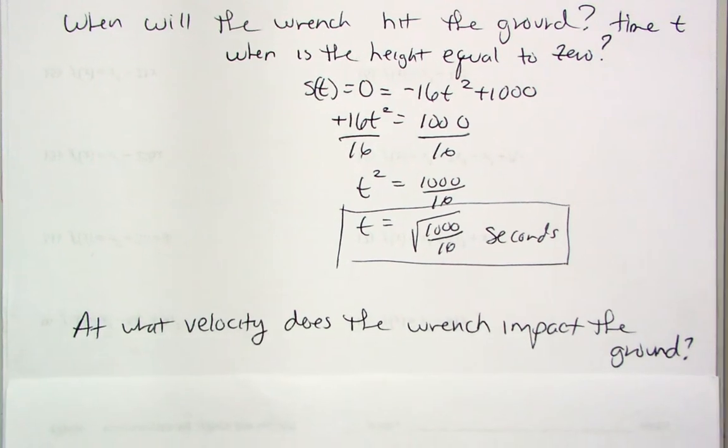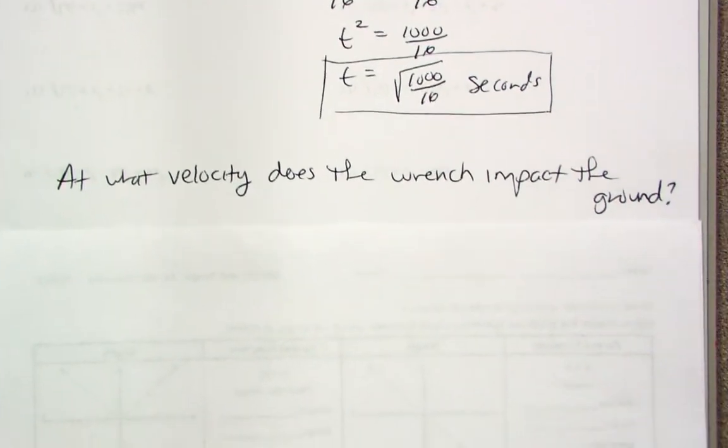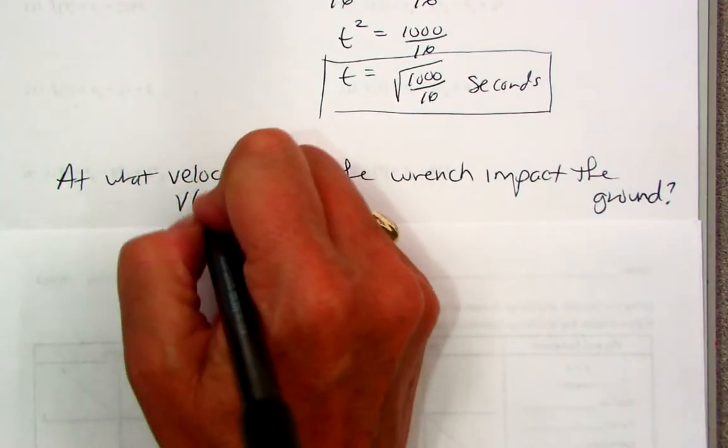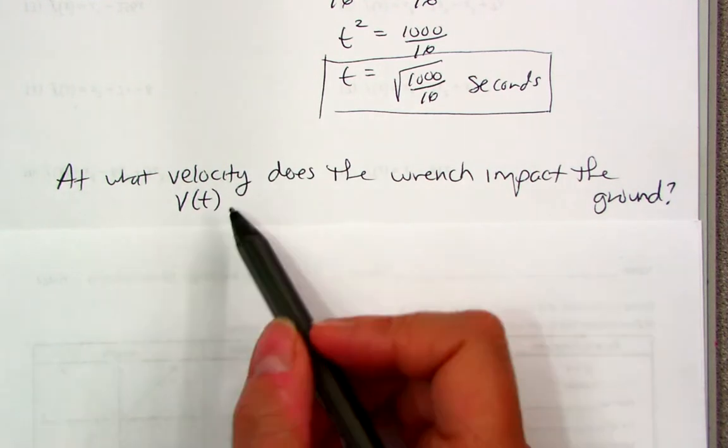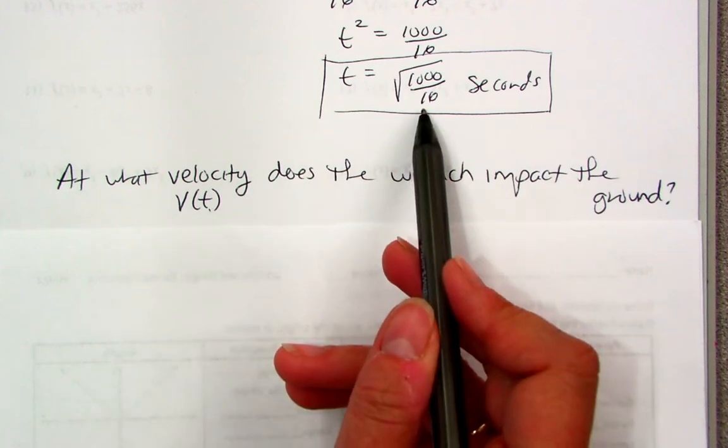I have another question to ponder from this. At what velocity, that means this one, does the wrench impact the ground? Well, we already know what time to put in, and that is the time that we just found.